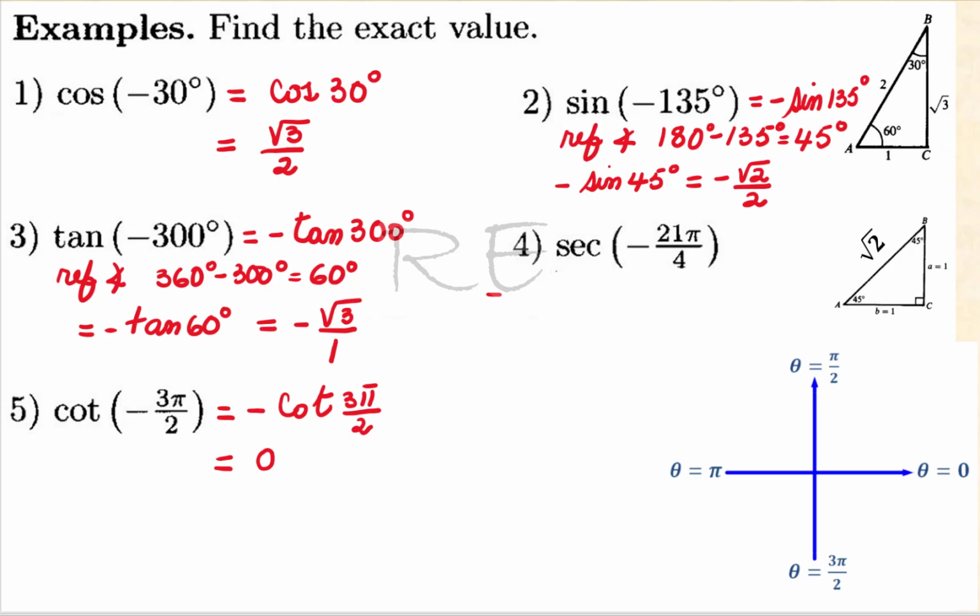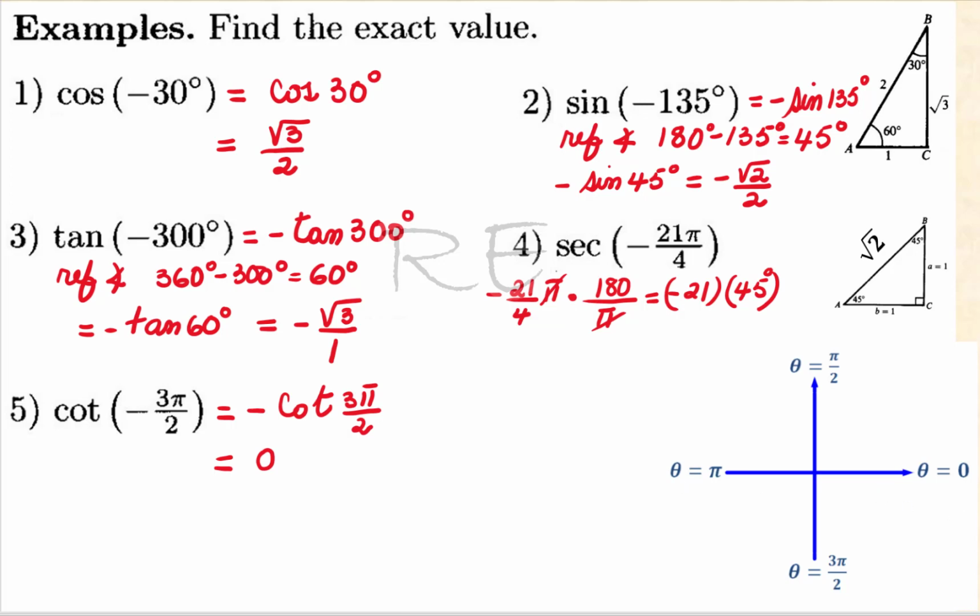Secant of negative 21 pi over 4. Let's convert 21 pi over 4 into degrees. Multiply by 180 divided by pi. Pi cancels. It's negative 21 times 45 degrees.